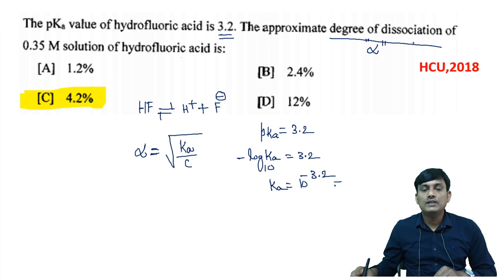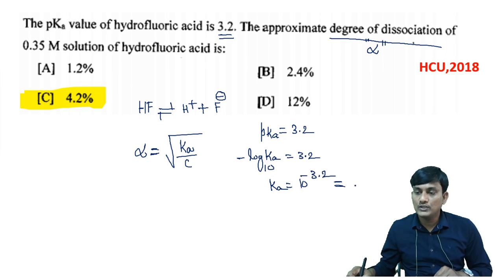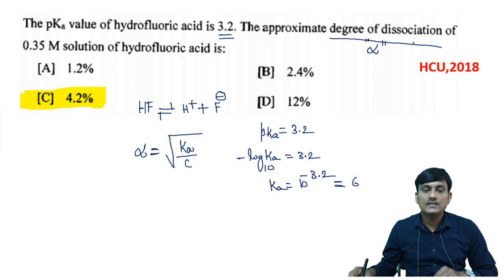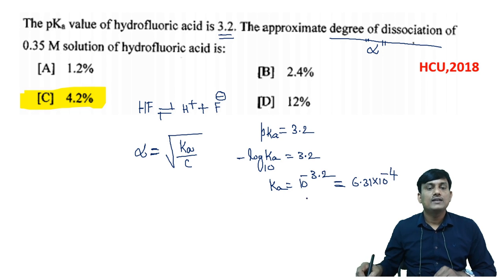The value of 10 to the power of minus 3.2 is 6.31 into 10 to the power of minus 4. This is the Ka value, and the concentration is given. What is the concentration? The concentration of HF is 0.35, so C is equal to 0.35 molarity.